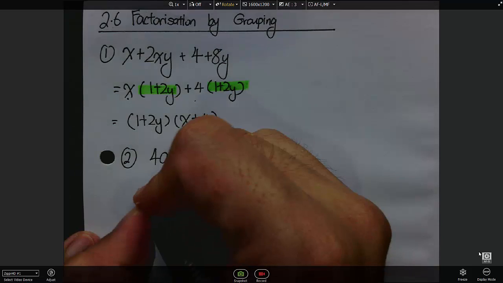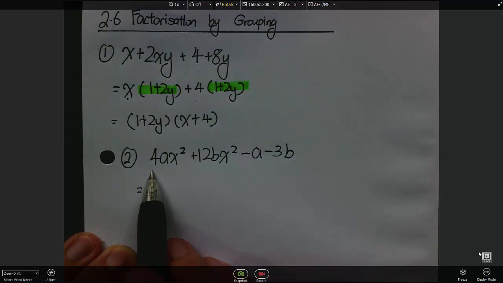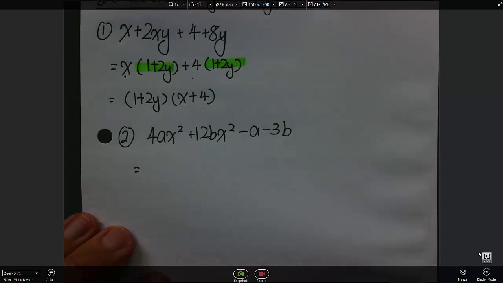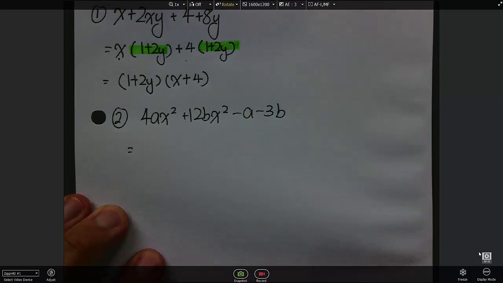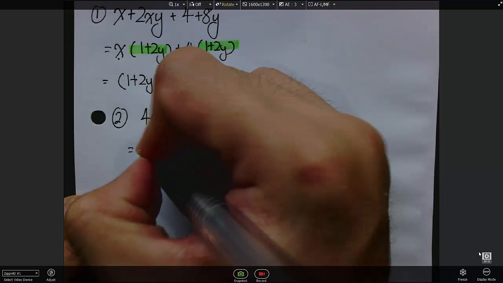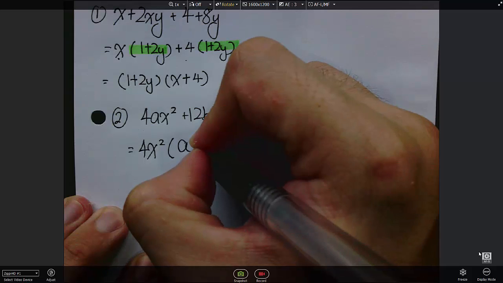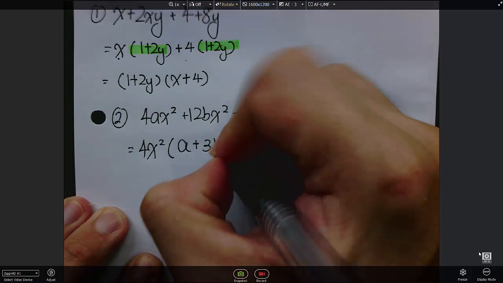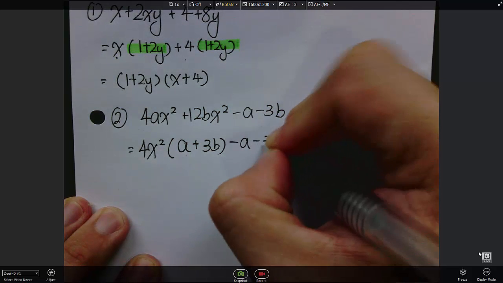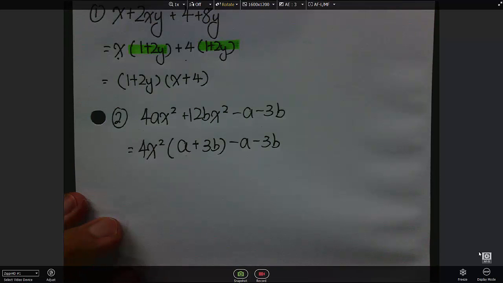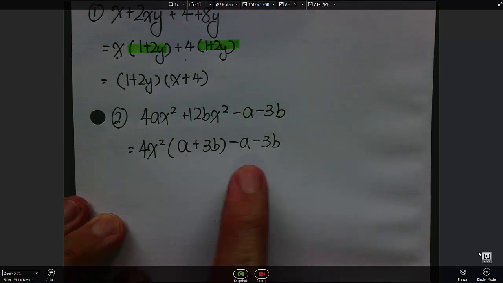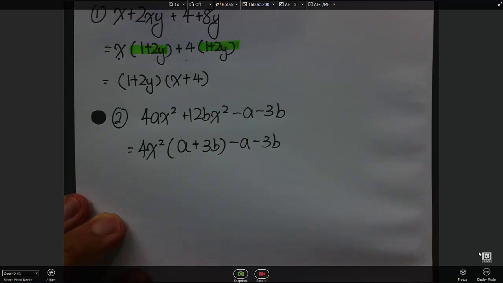What can I factorize from these 2? Beyond 4, where 4 and 12 have the common factor 4, I can also factorize out x squared. So if I factorize 4x squared from the first 2 terms, I'm left with a plus 3b. Then minus a minus 3b.